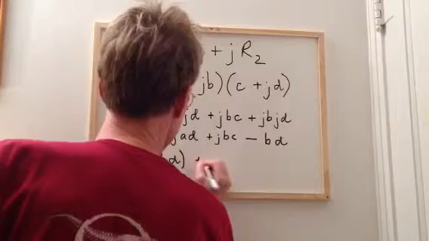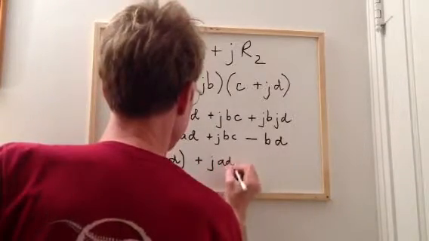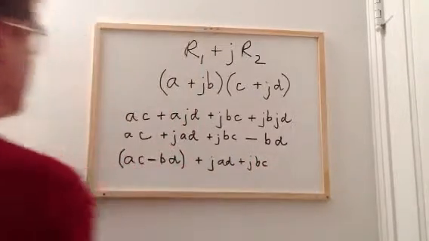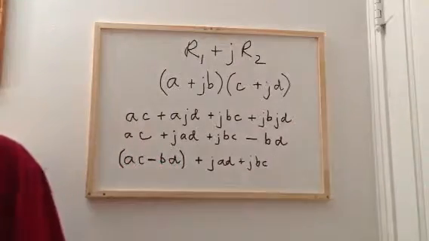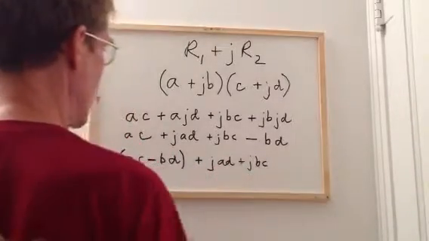What we're left over with now is JAD plus JBC. Well, we can pull the J out of this. Remember our distributive law.